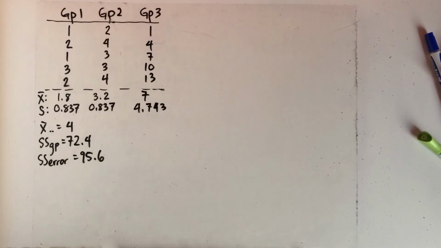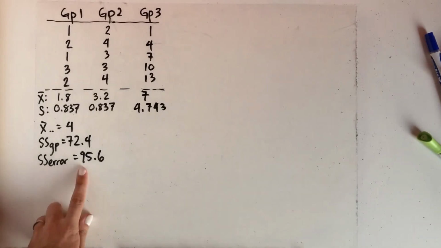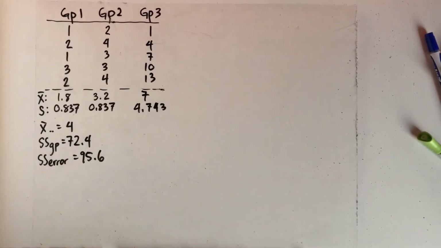There we have it. Both of our computation methods have given us our sums of squares error, 95.6. So now we have to calculate the mean squareds.